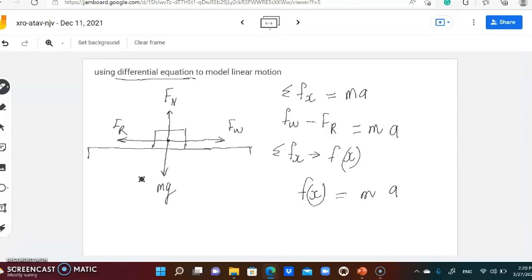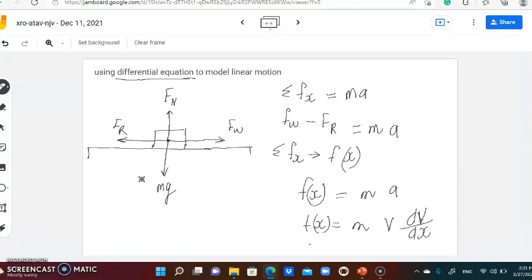Acceleration can be expressed in terms of x as v dv/dx. So my acceleration can be expressed as v times the derivative of velocity with respect to x.